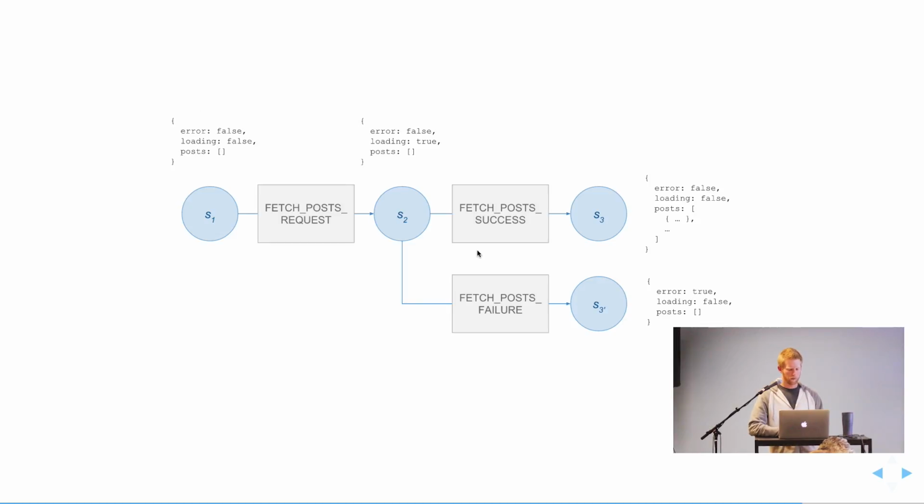So our next state will indicate that we are currently loading, and the rest of the application in terms of the view and the UI doesn't care that we're waiting for a request. At some point the request will complete, and it will either be successful and we'll get the data back, in which case we can dispatch a success action and transition to state S3.